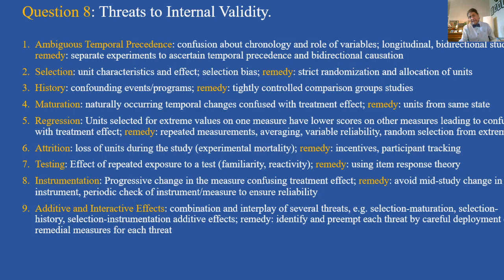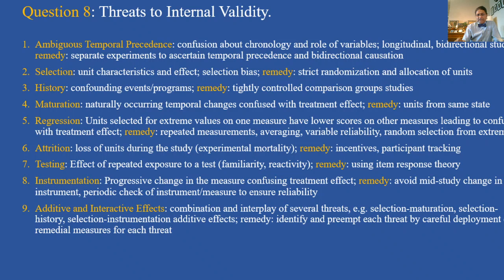Now, threat number 8 is instrumentation, which is a naturally occurring change in the instrument or the measure that is used in the study, and which then obviously would adversely affect the outcome of the study, the effect because of the cause.